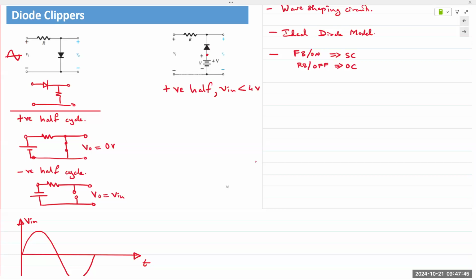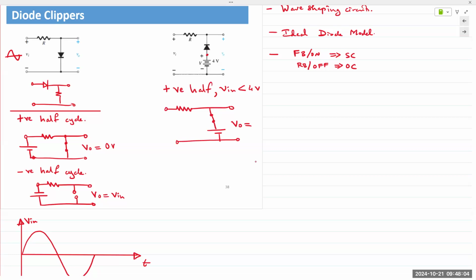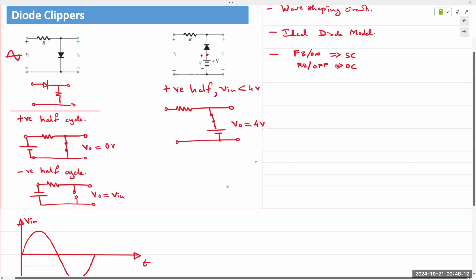And if it behaves like a short circuit, then what is V out? 4 volts. Absolutely. V out is 4 volts, or if we just label a variable VDC or V battery, we say V out is equal to the battery voltage, right?